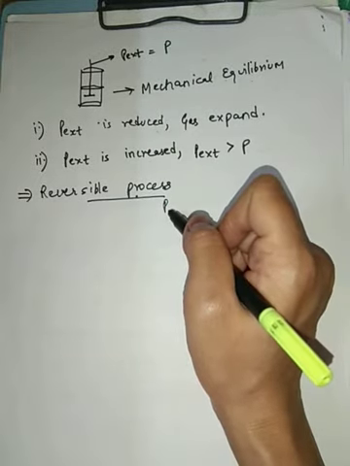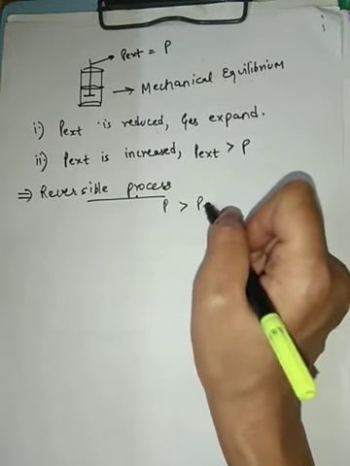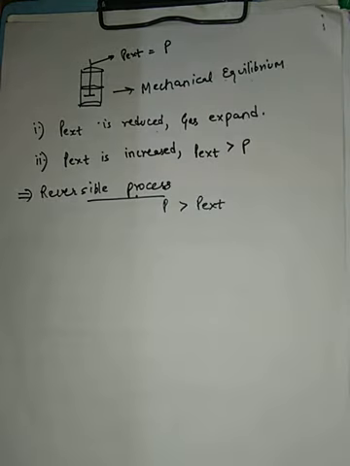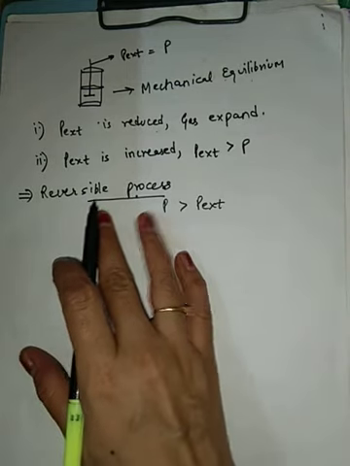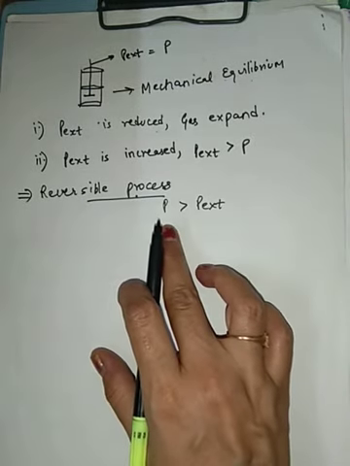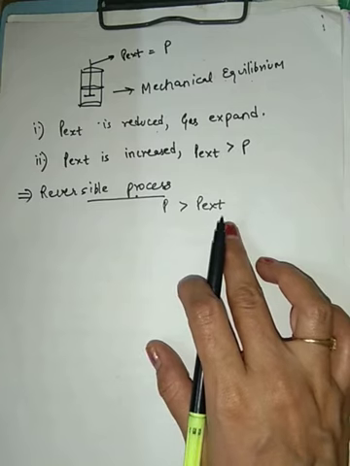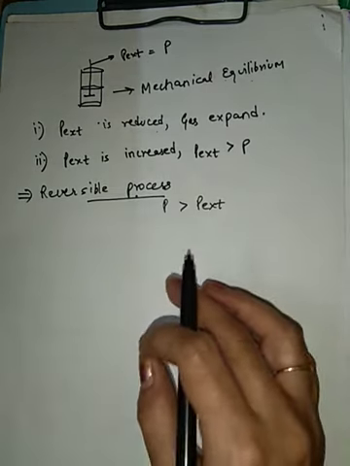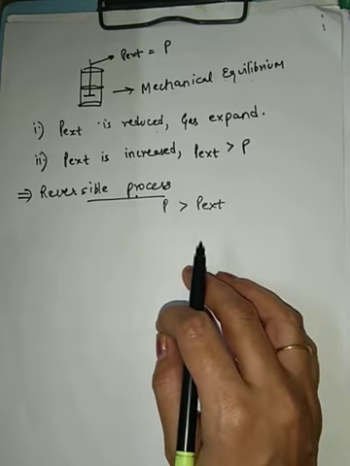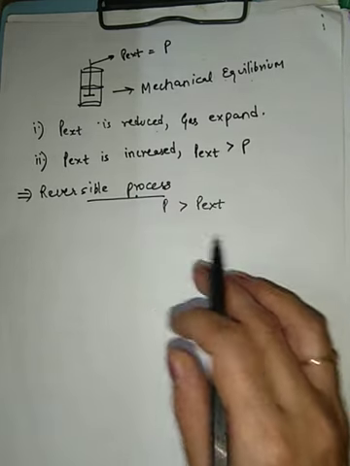So if P is infinitesimally greater than external pressure, then we can reverse this by a slight change of opposing force. तो रिवर्सिबल प्रोसेस क्या है? जहाँ पे ड्राइविंग फोर्स थोड़ा सा ज़्यादा है compared to opposing force, right, and we can reverse the process by a slight change in the opposing force. Such a process is called reversible process.